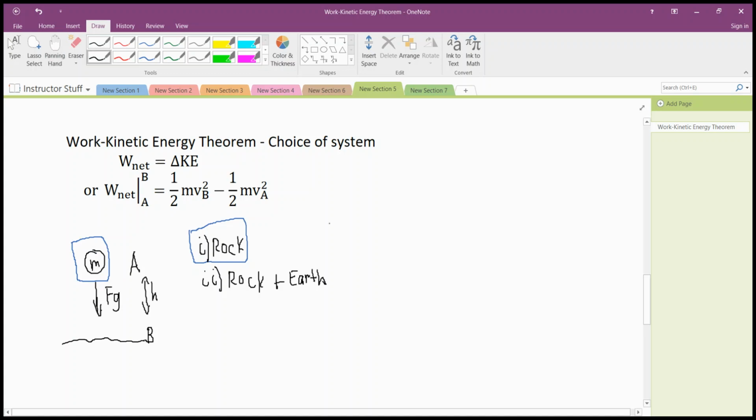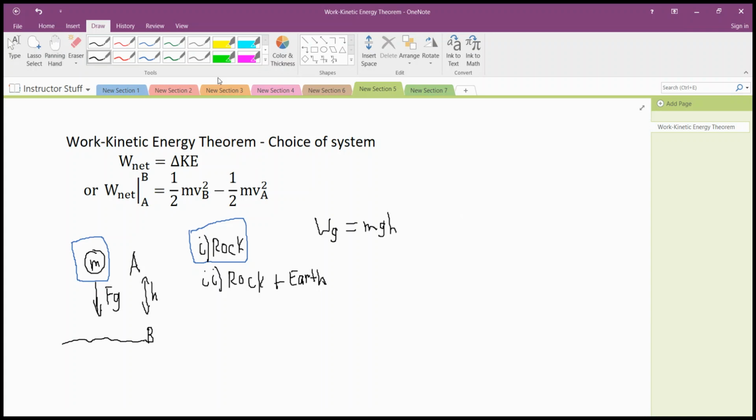If we applied the work kinetic energy theorem to this, it would look as follows. We have the work done by the gravitational force on the objects in our system, on our rock, is equal to mgh. Notice it is positive work because the force and displacement are in the same direction as our object moves from state A to state B, as our system changes from state A to state B. It undergoes a displacement h, and so we have h for the work done.